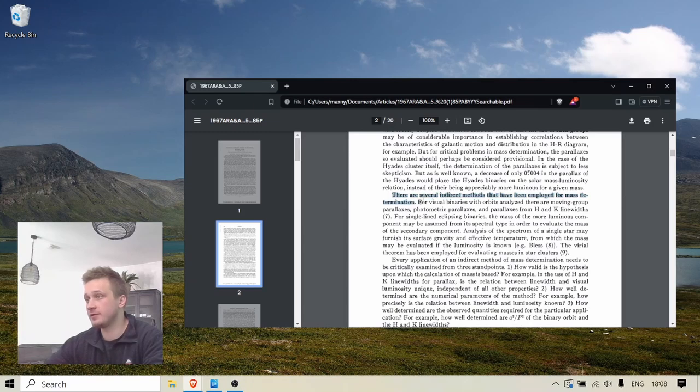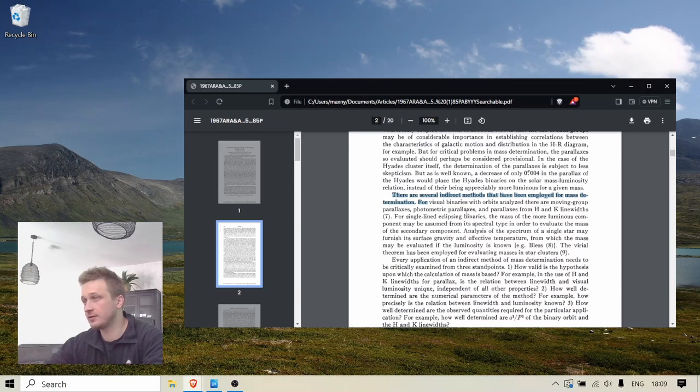There are several indirect methods that have been employed for mass determination. For visual binaries with orbits analyzed, there are moving group parallaxes, photometric parallaxes, and parallaxes from H and K line widths.